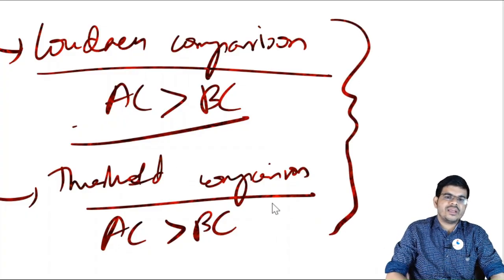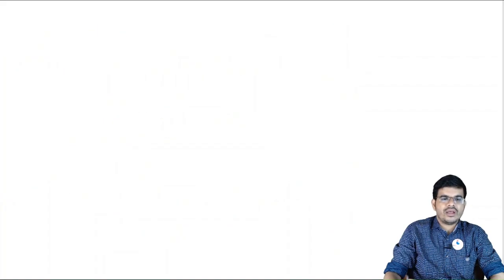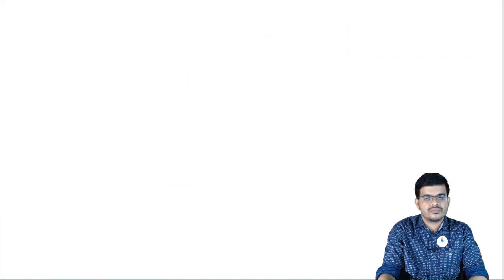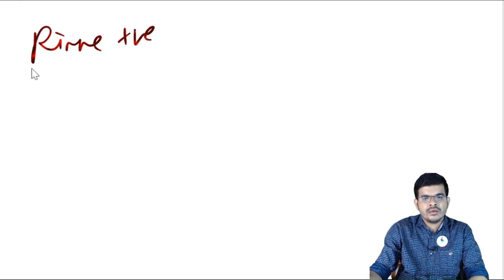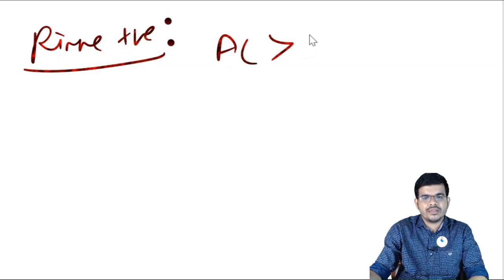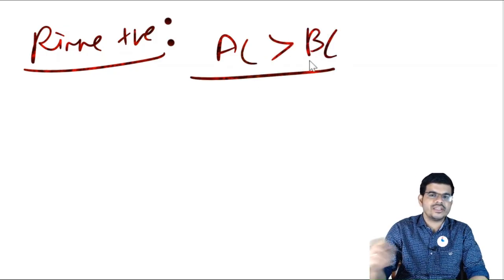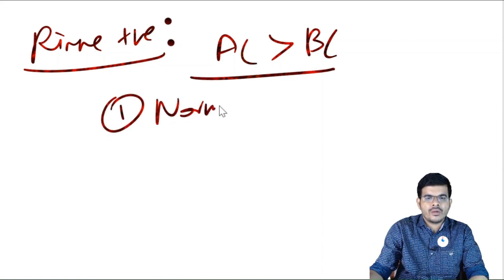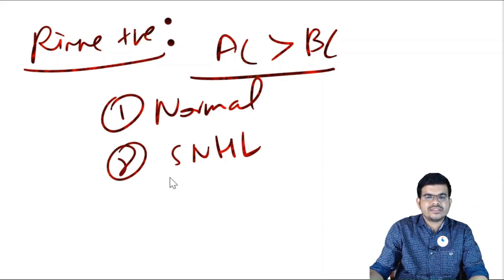Now what are the implications of Rinne's test? When Rinne's test is done, it has two conclusions. In Rinne's test, if it is positive, it means that air conduction is better than bone conduction. This is what is supposed to happen. So air conduction better than bone conduction means it can either be normal, or it could be due to a sensorineural hearing loss, because when there is sensorineural hearing loss, only the bone conduction is affected.